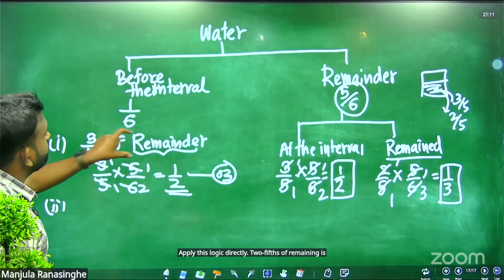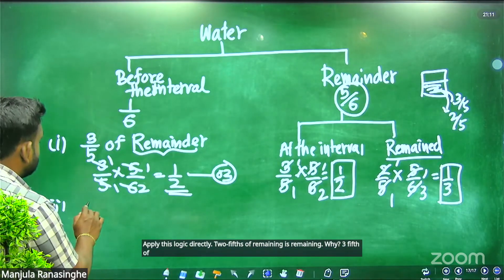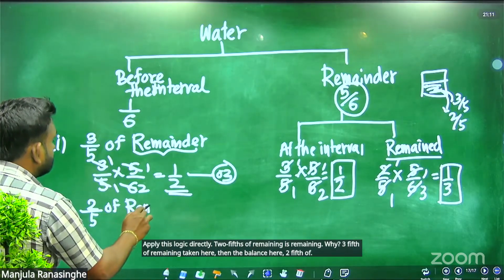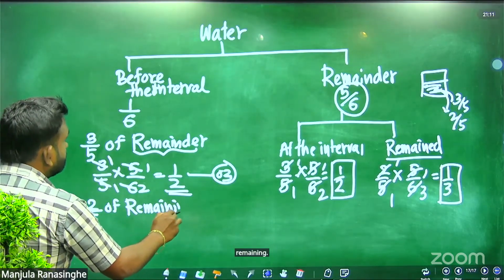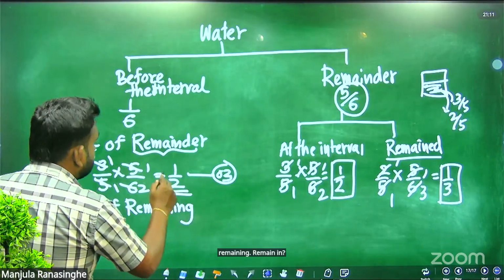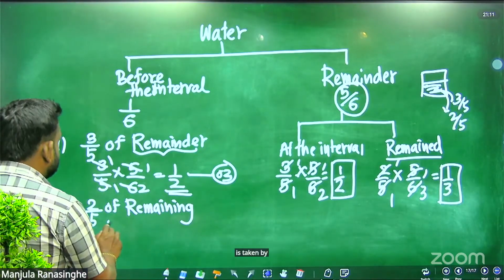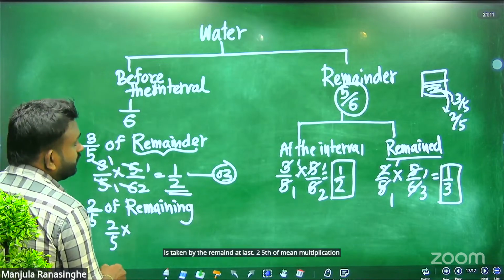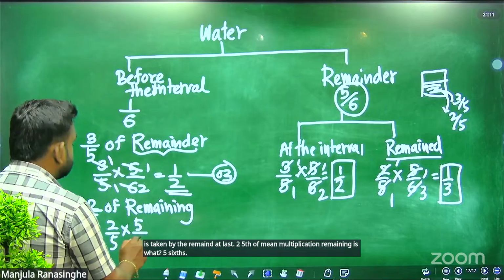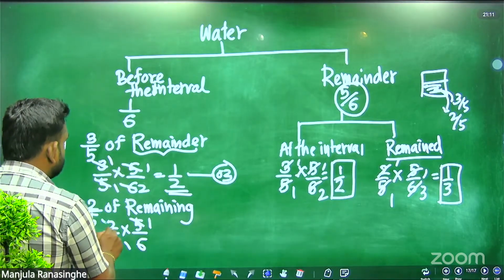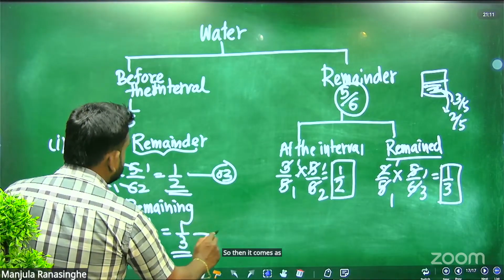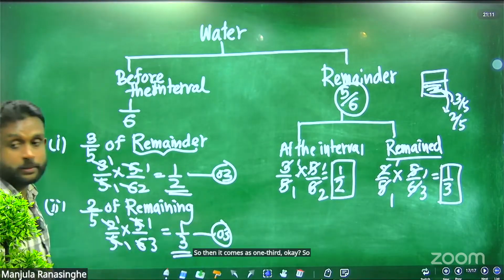Why? 3/5 of the remaining is taken here, then the balance is 2/5 of the remaining, which is taken as the remainder at last. 2/5 of, means multiplication, the remaining is what? 5/6. So 5/1, 2/1, 2/3. So it comes as 1/3. Okay, so you have 3 marks there.